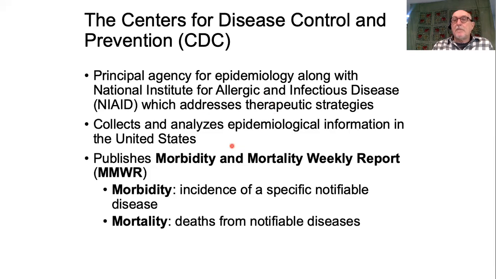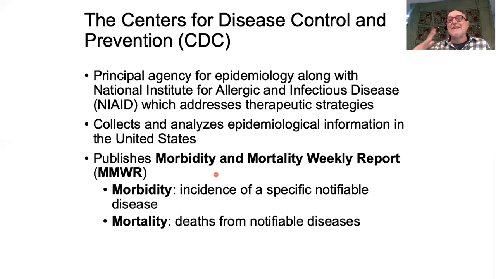The CDC publishes every week one of the most important epidemiological bulletins in the world. It is picked up and followed all over the world, and it's called the Morbidity and Mortality Weekly Report. And in it, they provide a summary of all of the current observations of disease in the United States.